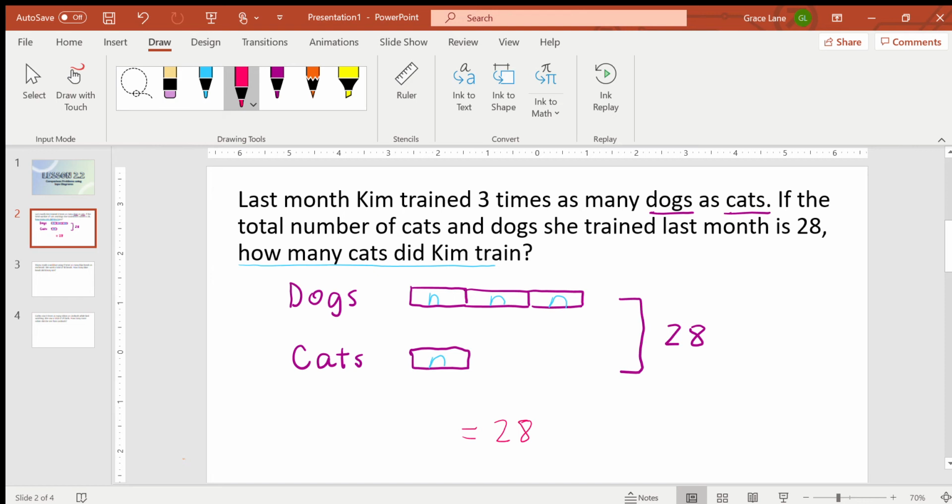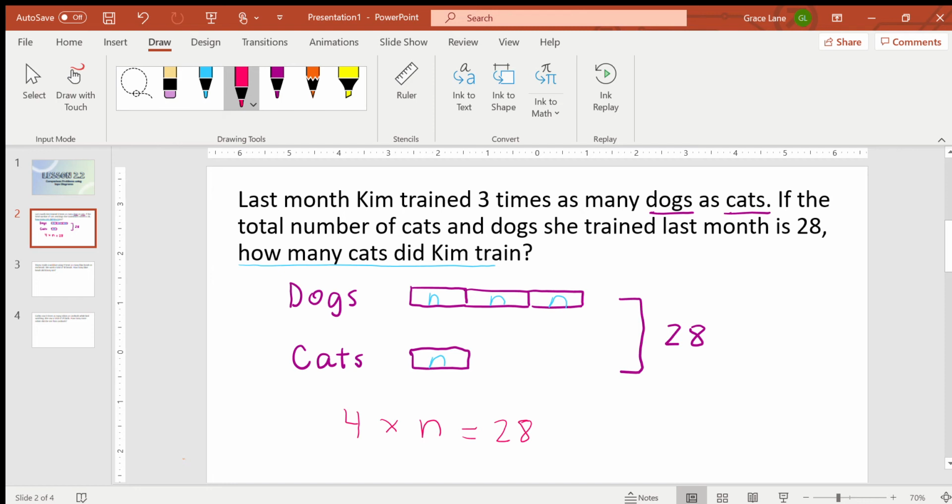All together, I have 1, 2, 3, 4 boxes, so I know I'm multiplying by 4. The only other thing I need now is 4 times what is 28. Right now, since I don't know that, I'm using an n. So the multiplication sentence is 4 times n equals 28.